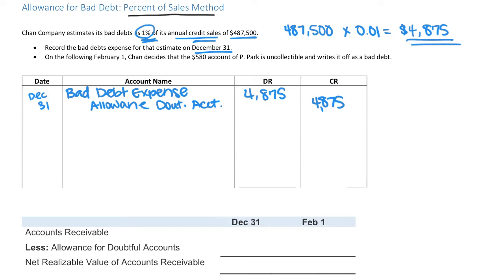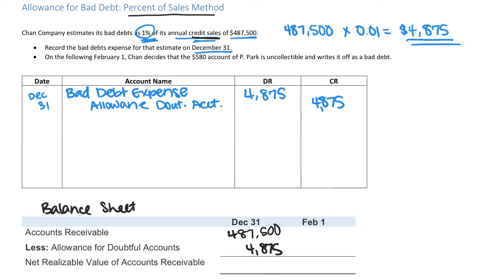And so if we were to go down to our company's balance sheet after that entry, then we could see that maybe we had that whole credit sales amount currently in our account, $487,500, but now we have this allowance set aside of $4,875.